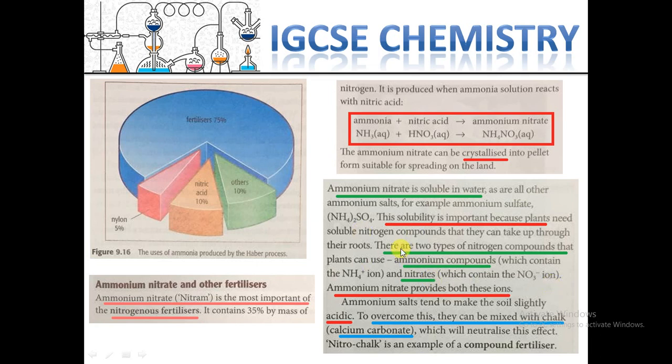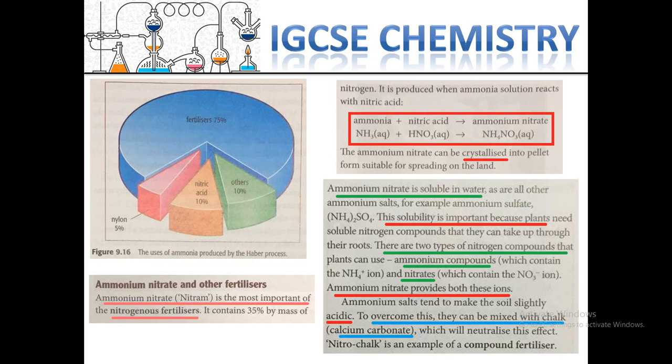Both are soluble, and ammonium nitrate provides both ions, which are the ammonium part, NH4+, and the NO3- anion. So ammonium nitrate has this advantage that it can provide both ions. That's why it's very important.